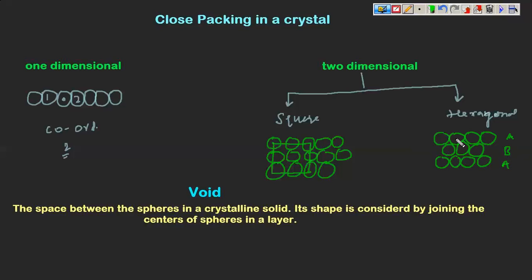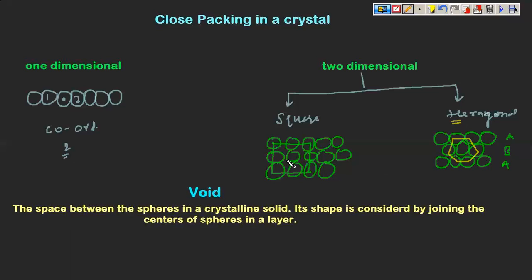It is hexagonal close packing because it makes a perfect hexagon here. You can see I'm using a different color to show this hexagon for clear visibility. So hexagonal close packing is formed when the second row of particles is placed in the depressions formed by the first row.